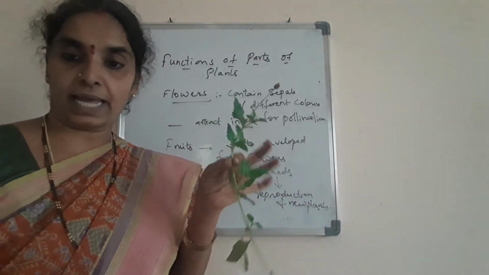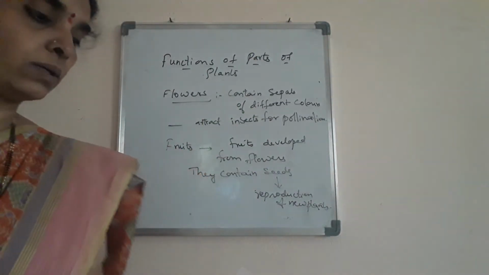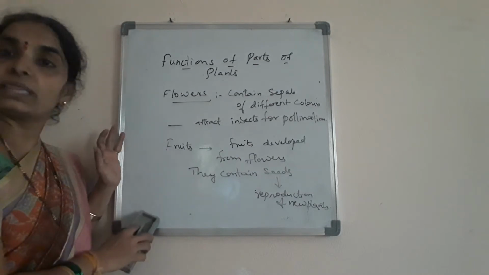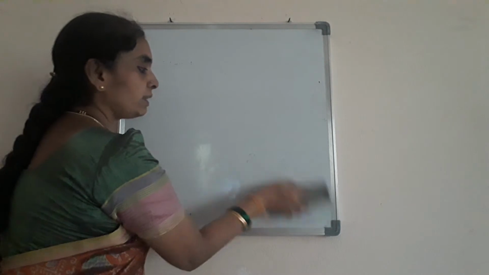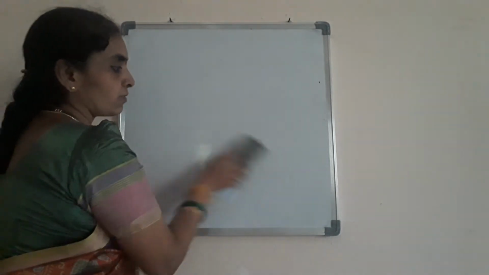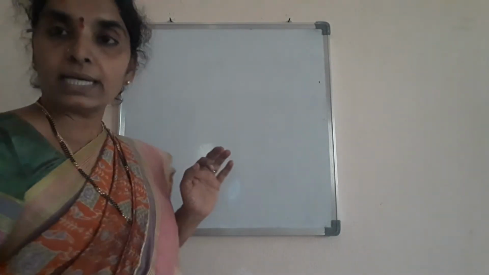This is Tridax. Now you note down whether all the plants contain all these parts or not. Okay, children? Now we have seen some examples of the plants I have shown you, isn't it?